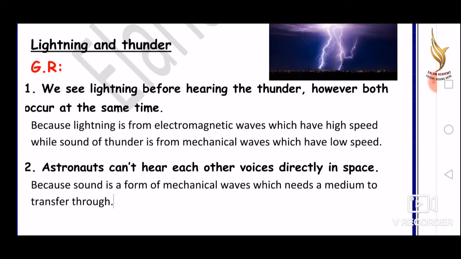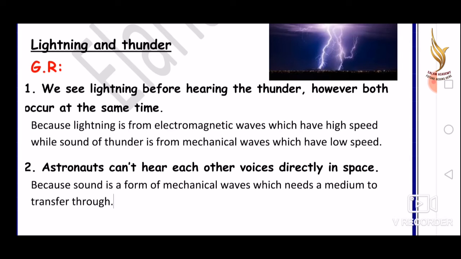Why? Give the reason. The answer: because lightning is from electromagnetic waves, which have high speed, while the sound of thunder is from mechanical waves, which have low speed.